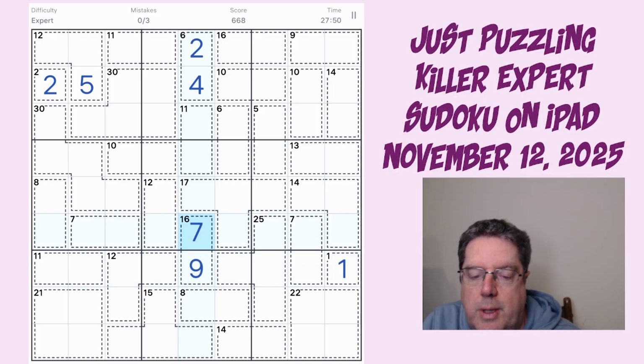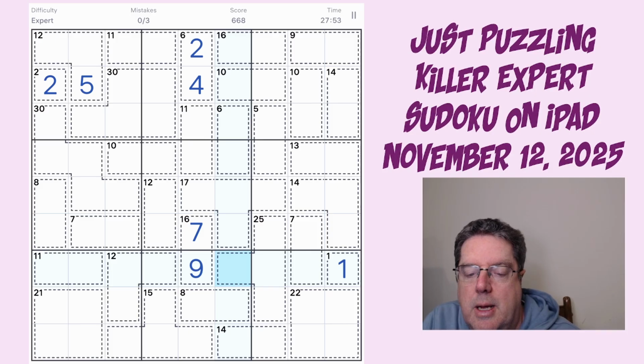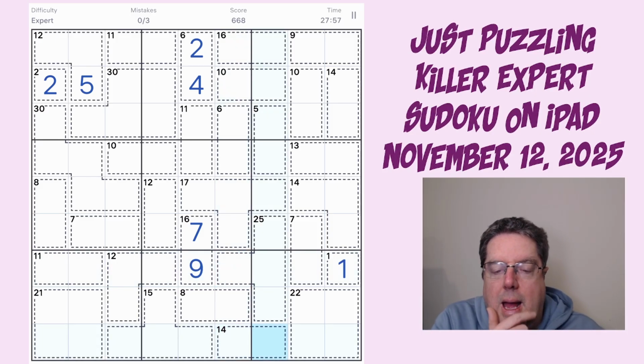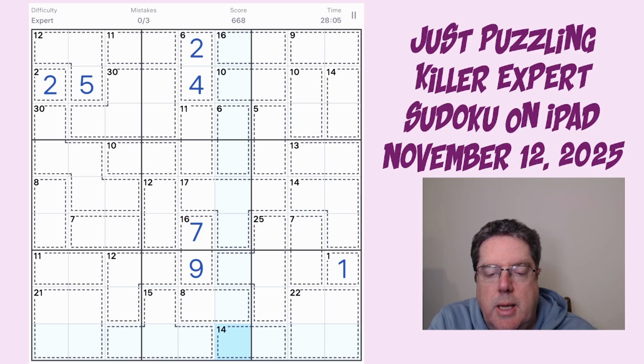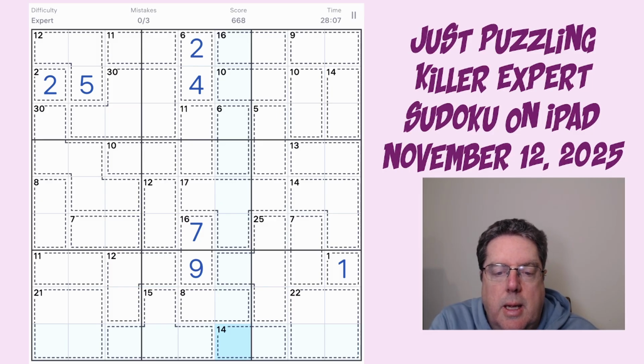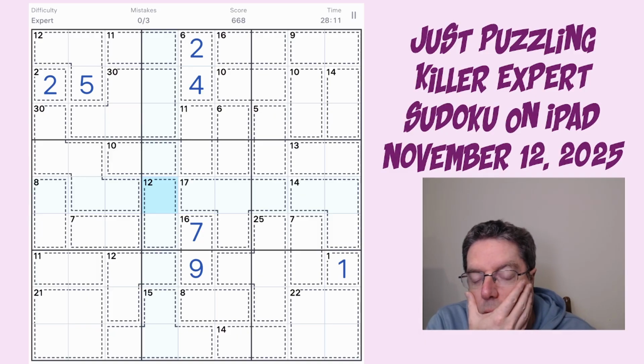Alright, so this is 8 and 6 here, which means those two are diagonally 8 and 6. So 8 is here. 8 is here. So this can be 9 and 3 in either order.